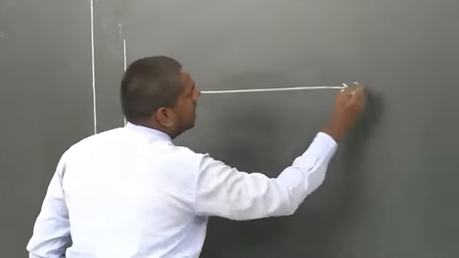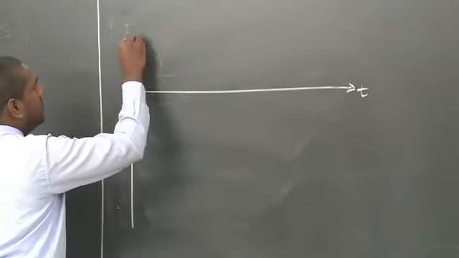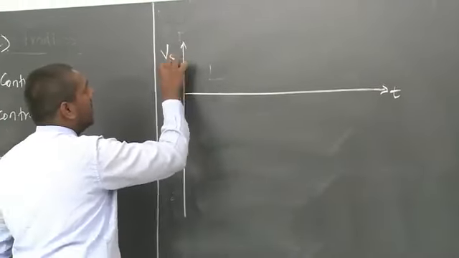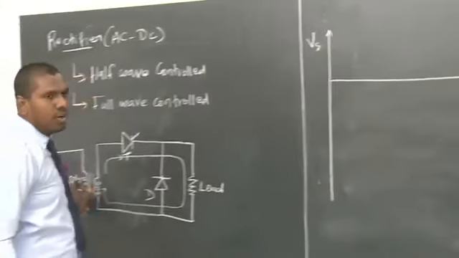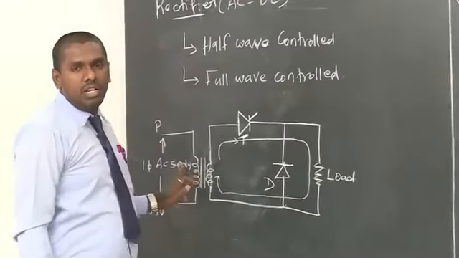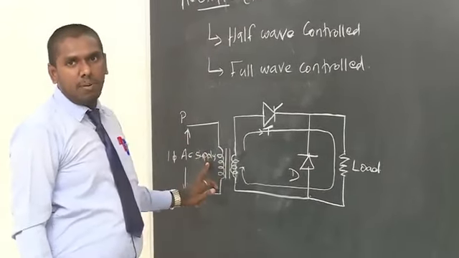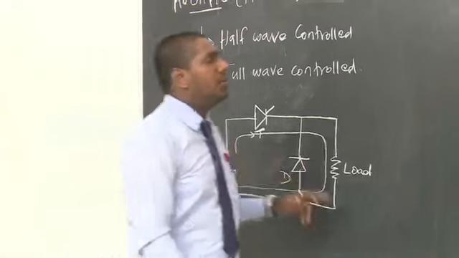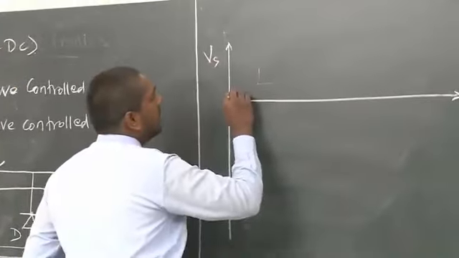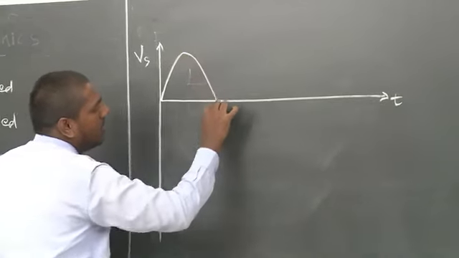You can draw it with respect to time. This is the input Vs. Vs is your input signal. The input signal is an AC supply, so the waveform is a sinusoidal waveform.